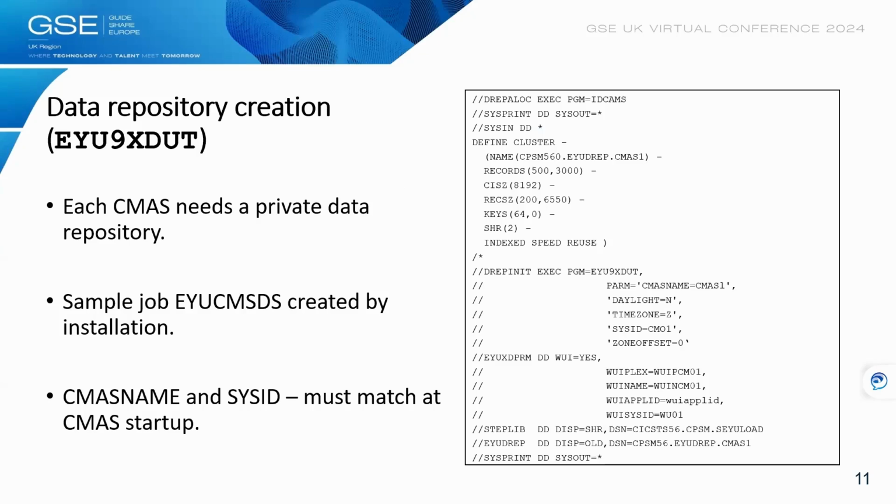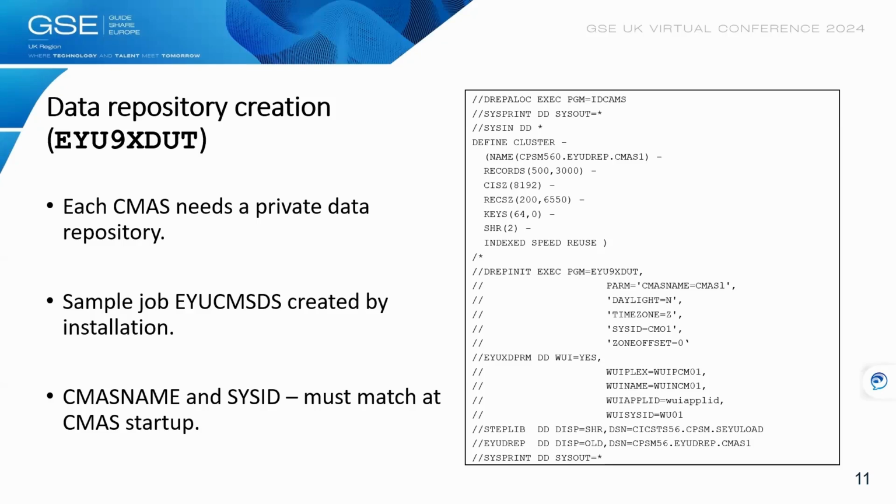But this data repository define cluster and initialization over here, right, is really all about creating the EYUDREP specifically for this new CMAS. What you're seeing down here is a little bit of extra that IBM created that allows you to create your first CICSPlex definition specifically for your WUI.